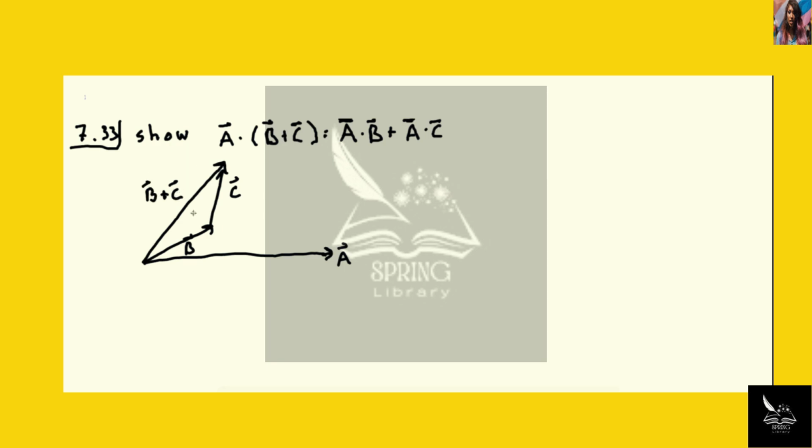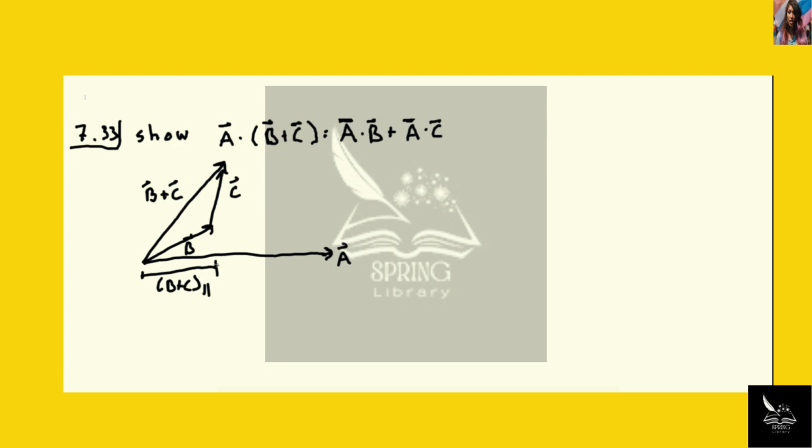So if we think about what the dot product is, we can think of it as multiplying the length of A by the lengths of the components of B and C that project onto A, or are parallel to A. So here, for example, is what we could call B plus C parallel.